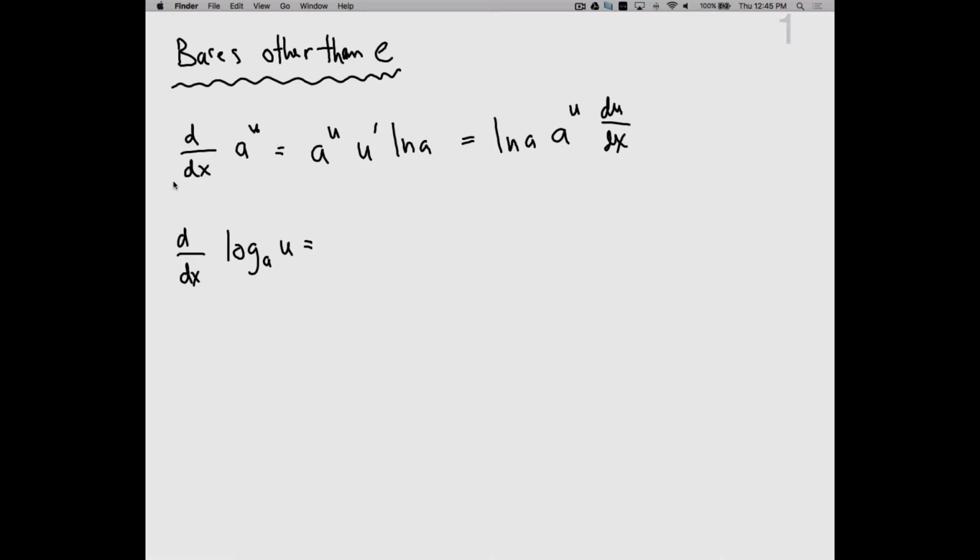That's u prime over u times 1 over the natural log of the base. Or if you prefer, 1 over u times 1 over the natural log of a times du over dx, where du dx is the chain.